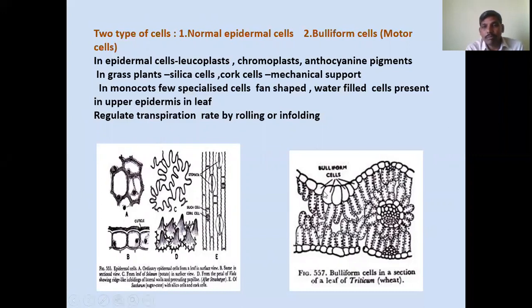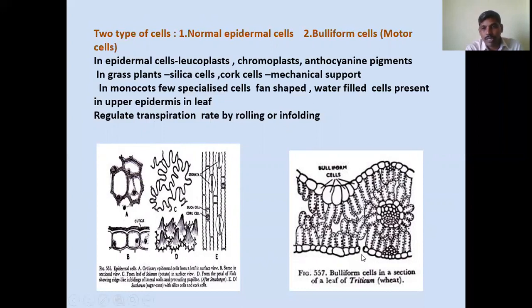In certain places of the upper epidermis, 3 to 6 large, thin-walled cells are present. These bulliform cells regulate the transpiration rate by rolling or infolding of the leaves. In the rolling condition, the transpiration rate is very low. In the expanded state, more water is lost from the surface of the leaf. So these are the special cells present in monocots.